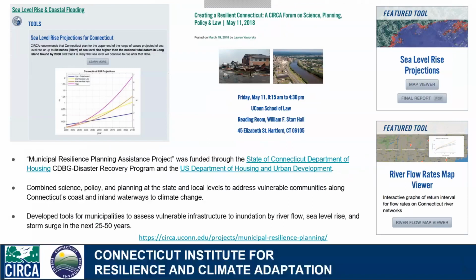So just as a context, this is part of the Municipal Resilience Planning Assistance Project, which is on the website. You can see the link at the bottom there if you're interested in understanding more about this. There's multiple components to this grant that was part of the Department of Housing and Urban Development, funded through the Connecticut Department of Housing.